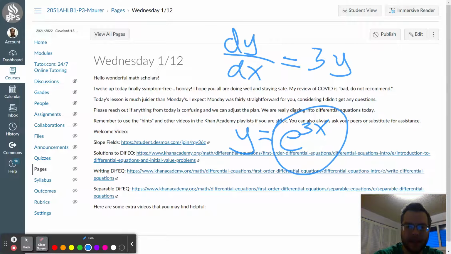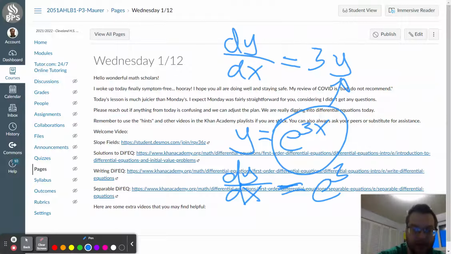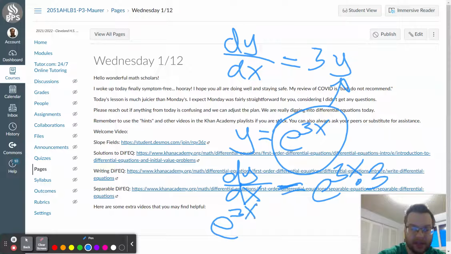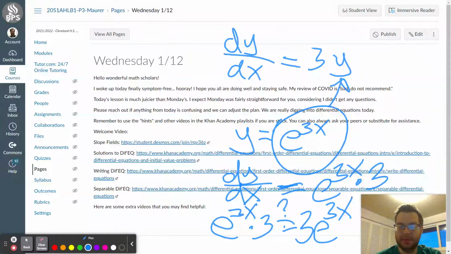So I substitute that on the right side, and I also have to calculate dy/dx, which by the chain rule is e^(3x) times 3. Does that equal 3 times y? It turns out to be true.